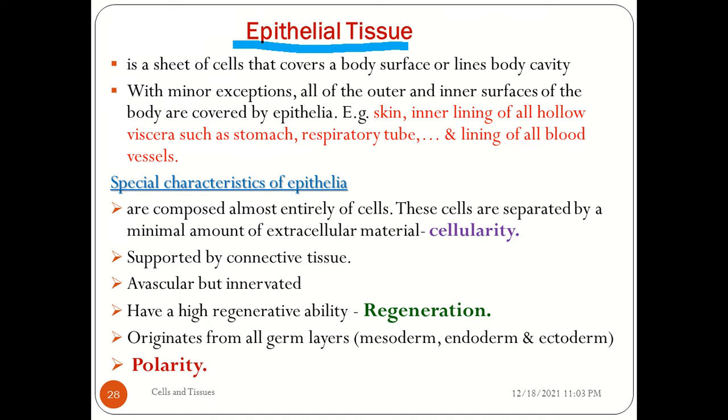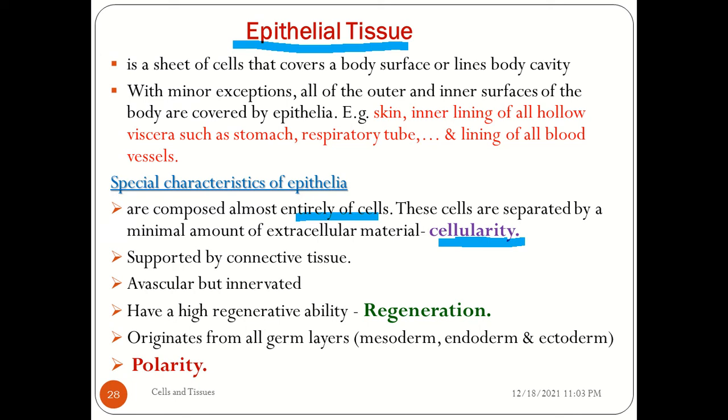Next, a very important section: special characteristics of epithelium. Epithelium is composed almost entirely of cells. These cells are separated by a minimal amount of extracellular matrix. So epithelium has many cells, which gives the name cellularity.